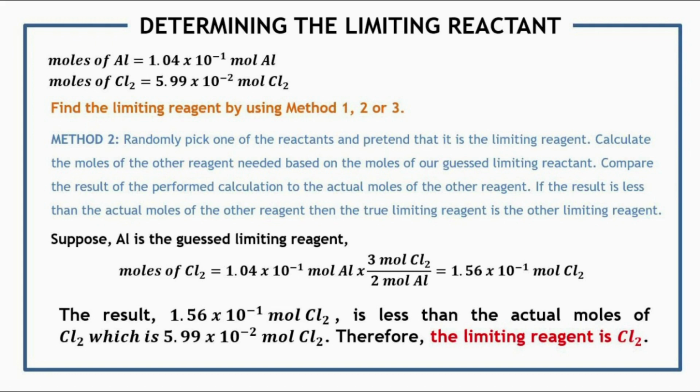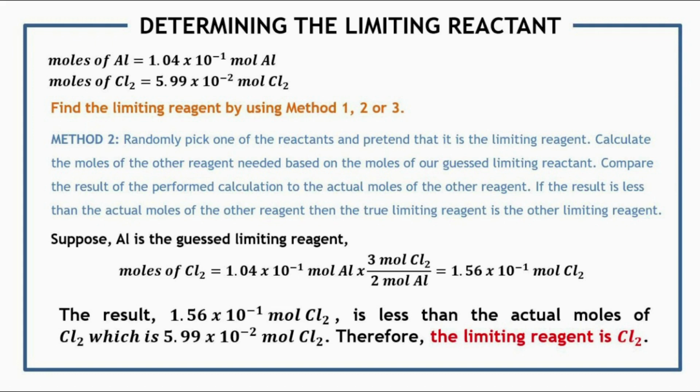So the equation that is useful is this one. If we completely use up the number of moles of aluminum, we can see that this number of chlorine is less than the actual number of the given. That means this one is the limiting reagent.